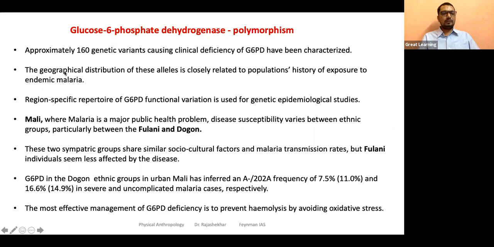So geographical distribution correlates with the presence of malaria. So, and we can use this because G6PD deficiency, as I was saying, can be used in epidemiological studies.